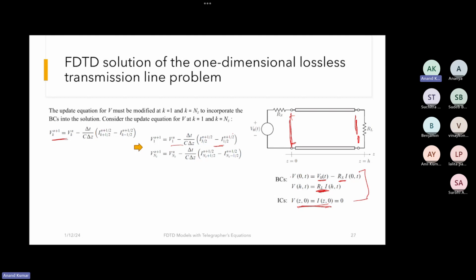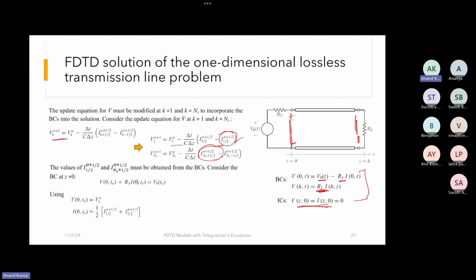But the problem is we do not have this value over here, and similarly we do not have this value over here. So we need to evaluate these two conditions. The first boundary condition tells us this expression, so at any instant this voltage will be equal to V1 at the first node, and we can discretize this current value over here in this fashion.